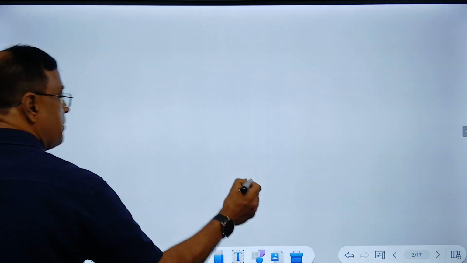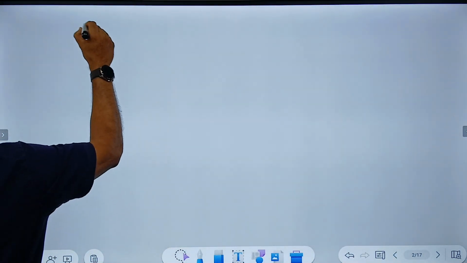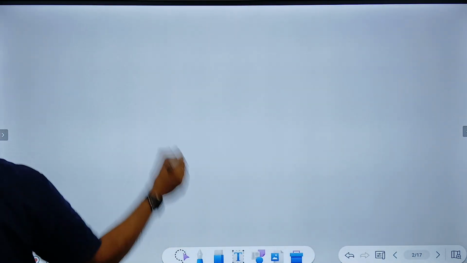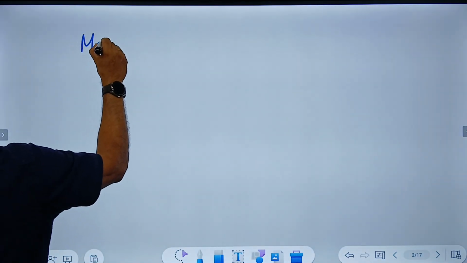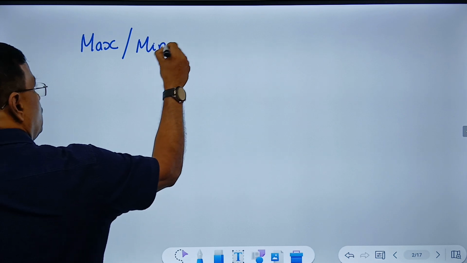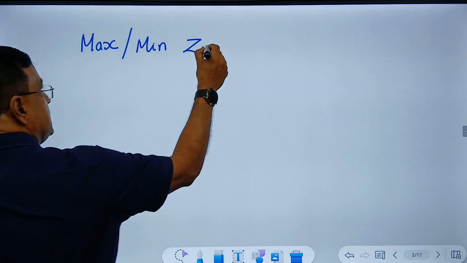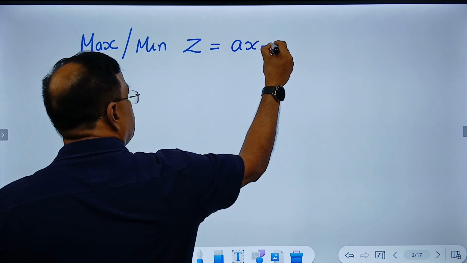A linear programming problem should have 3 fragments. The first one is the optimization function. So either you can have maximize or minimize Z. It is denoted by Z, and it's a linear equation. That is why it's called linear programming, right?